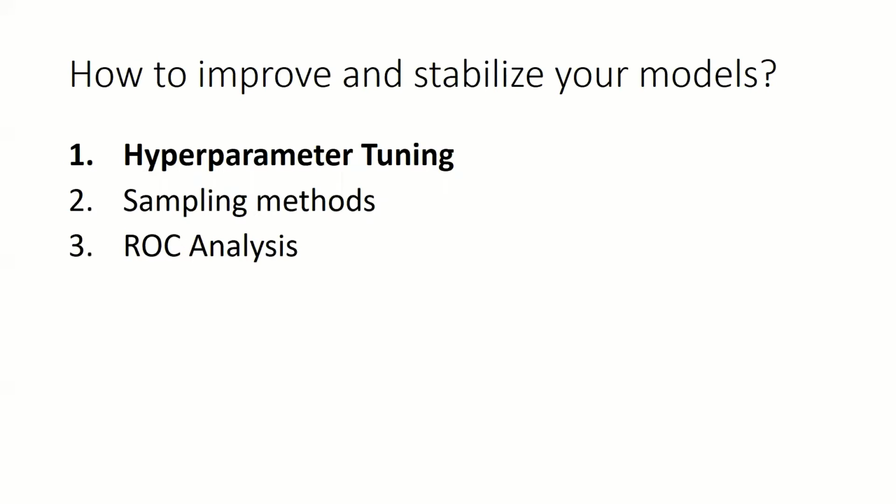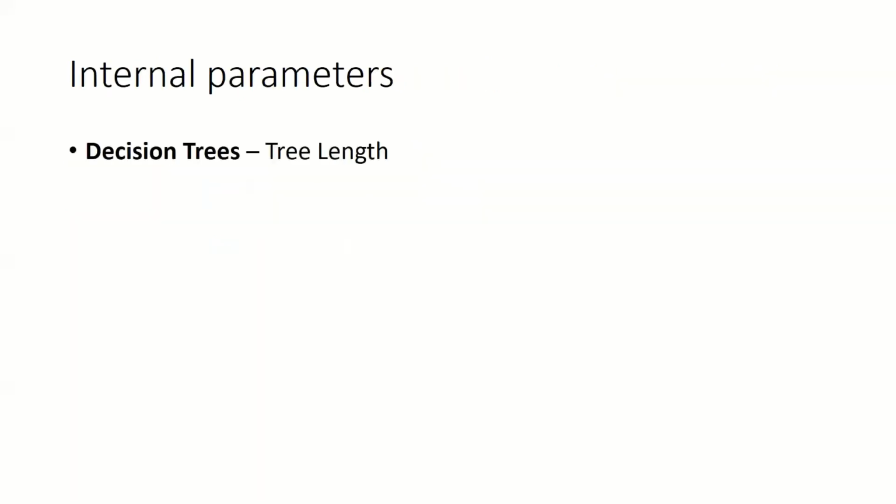Let's start off with hyperparameter tuning. In decision trees, we had tree length. Random forest, we had the number of trees. And remember, the default random forest package had a really nice visualization. It plotted the error as you add more trees. And there was also something called mtry in random forest. So when you split the nodes, you don't consider all features in each node. You just select a random number of features and you optimize on those.